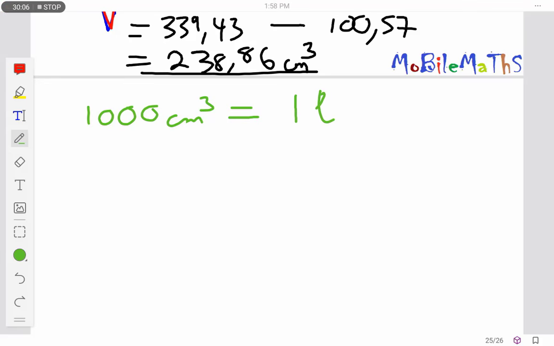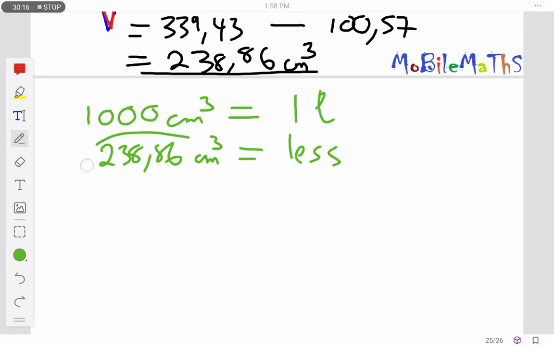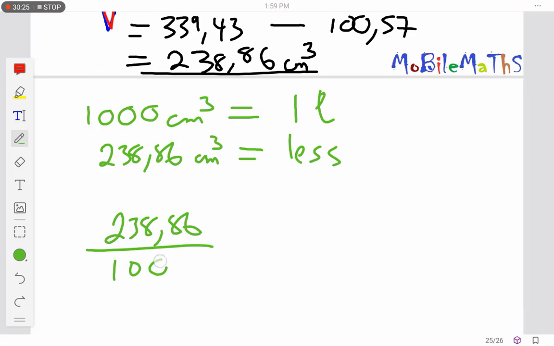Okay. So if I have 238.86 cubic centimeter, it's going to be less. When it's less, I'll take this one over the 1000. Okay, so it will be 238.86 over 1000 times 1 liter there.